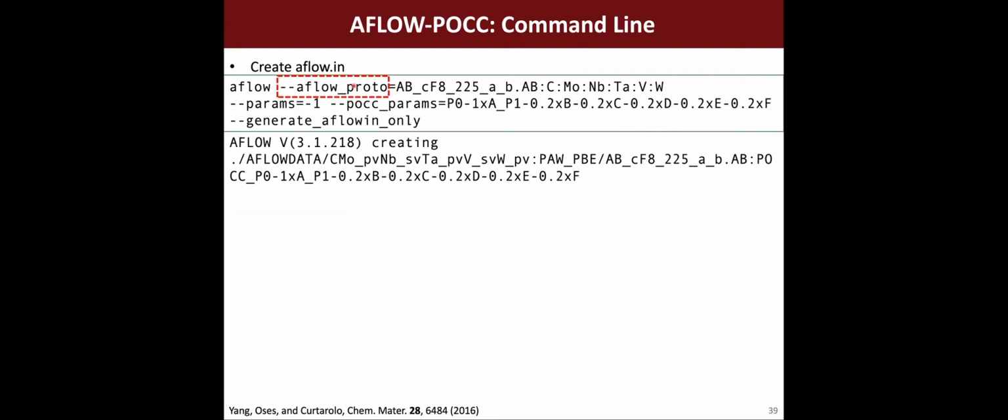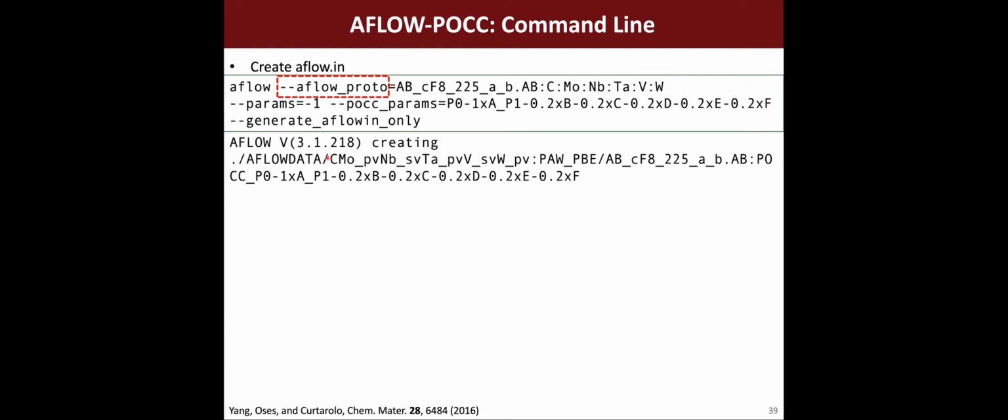We're going to change proto to AFLOW proto, and we're going to add this generate AFLOW-in line so that it skips the checking of the pseudopotential files. If you run it successfully, you're going to get an output that tells you it created this directory structure. Let's take a look at this directory structure.